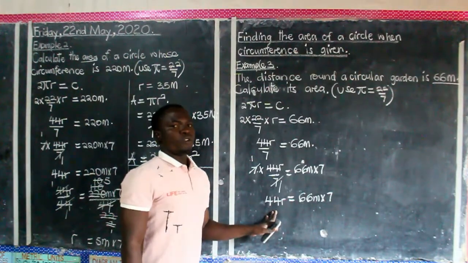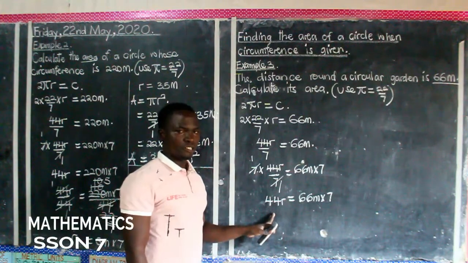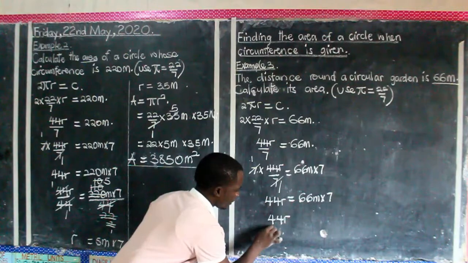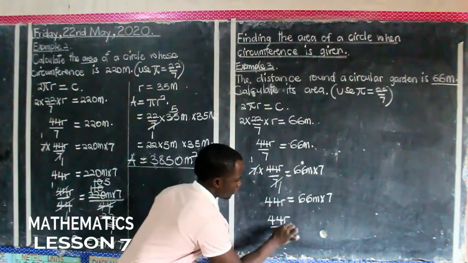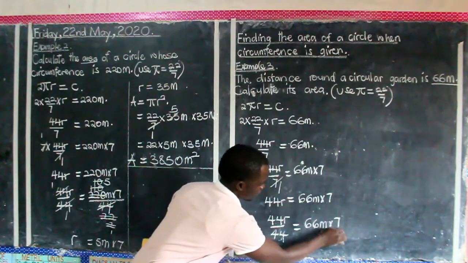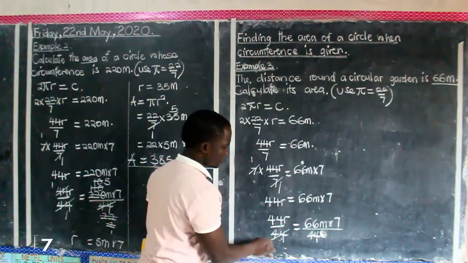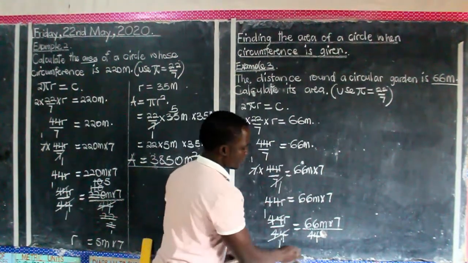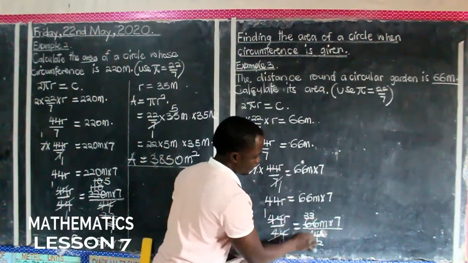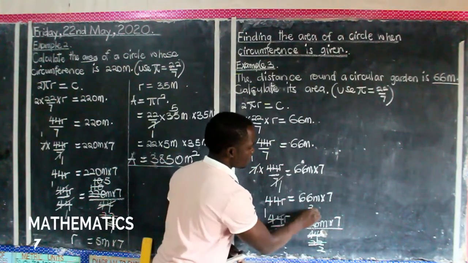When you reach here, we are now going to divide both sides by the coefficient, which is 44. And this is now 44r out of 44 equals 66 meters times 7 out of 44. By 44 once, 44 once. By 2, we shall have 22. By 2, 33. By 11, we shall have 2. By 11, we shall have 3.